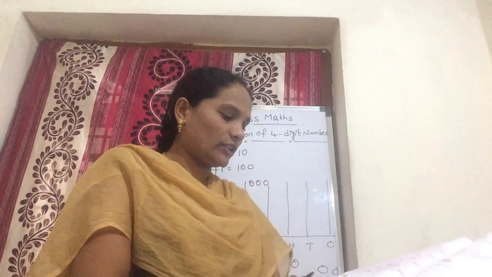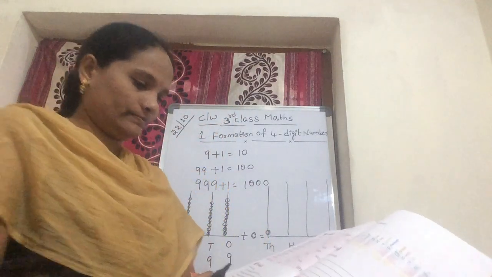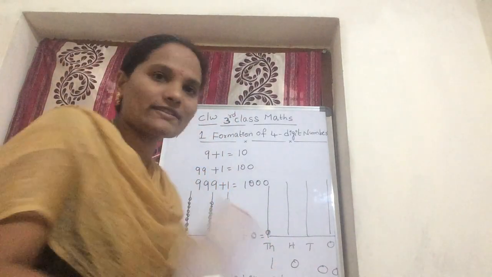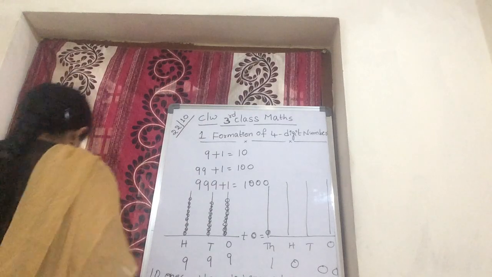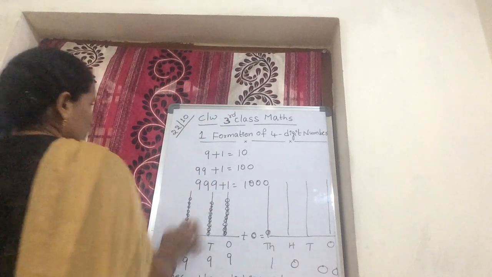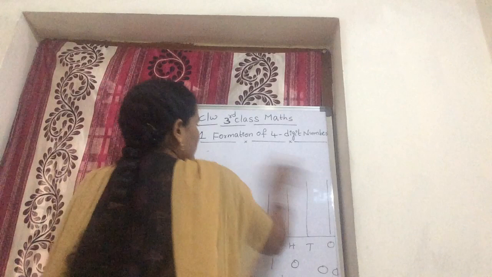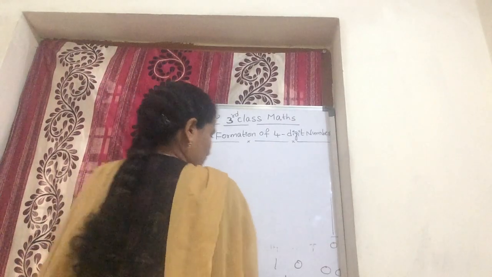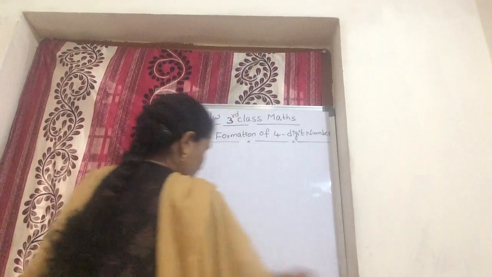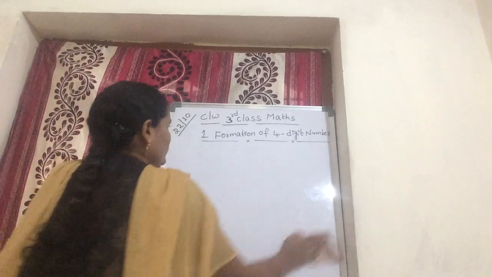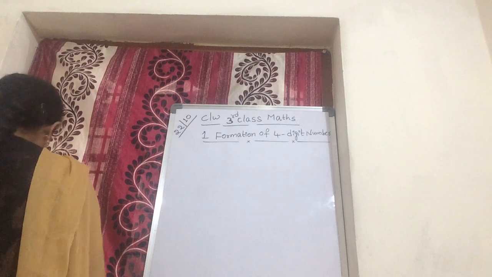Next one, Amma. Activity 2. Write the numbers. Let's see, Amma. Next, activity 2, write the numbers.